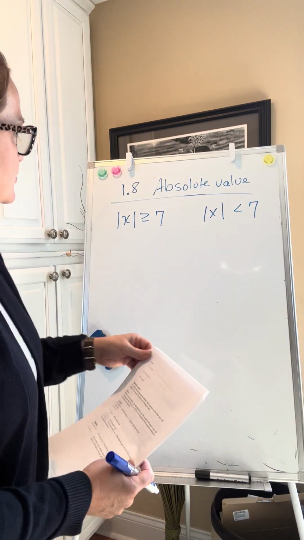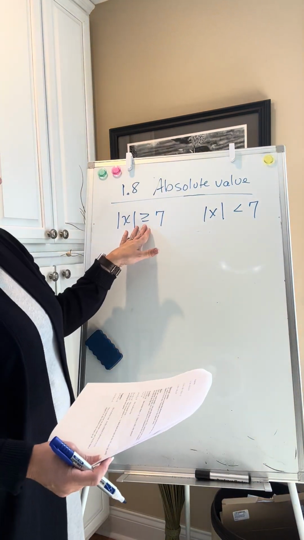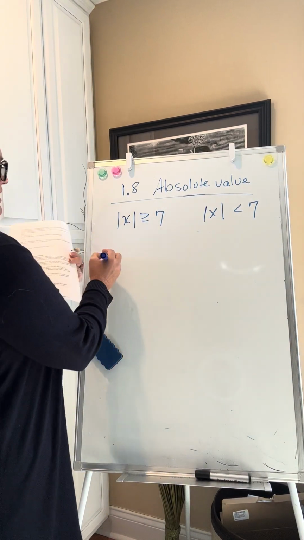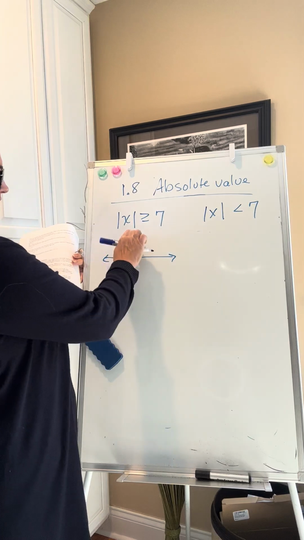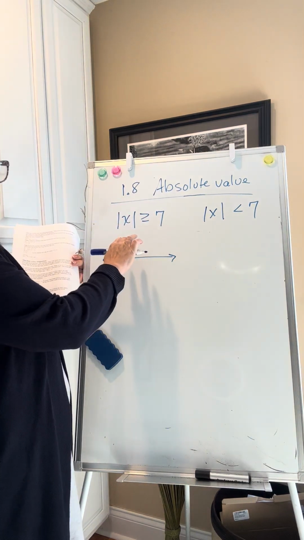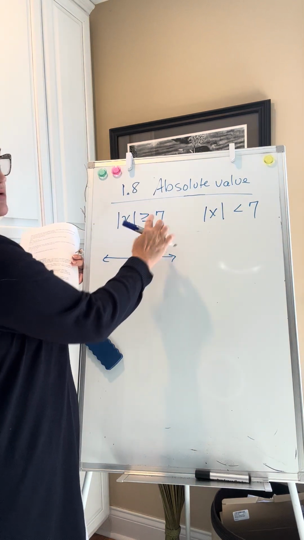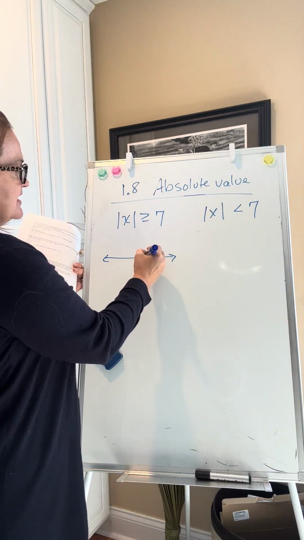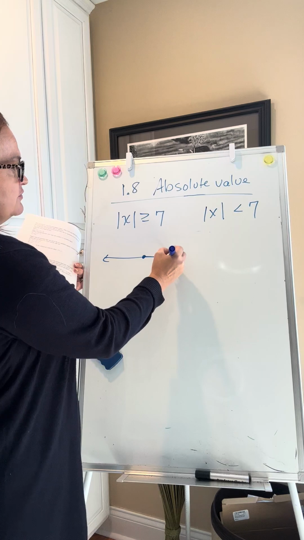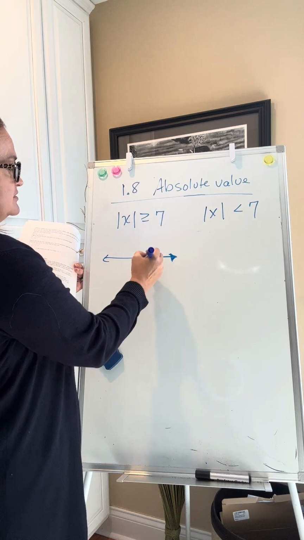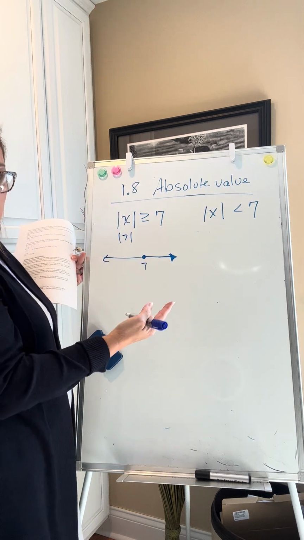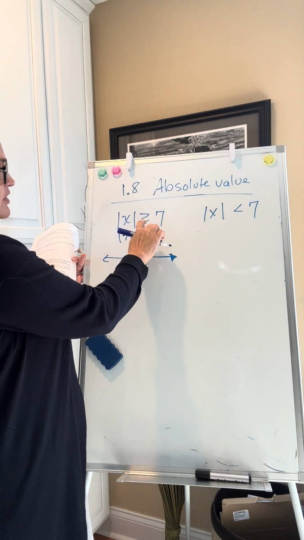All right, so if you're looking at a greater than or equal to example, let's think about what would make this true. It's saying, what could I fill in for x when I take its absolute value, it's greater than or equal to 7? Maybe the obvious part would be if it is 7 or larger. If you put in 7, the absolute value of 7 would be 7, and 7 is greater than or equal to.